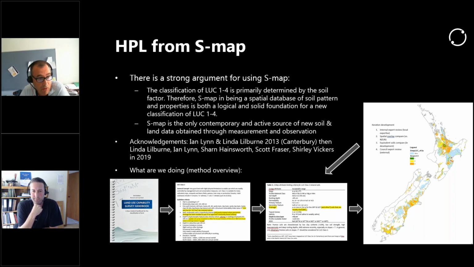It is also an actively developed data set. We've got about 20 mappers out in the field at the moment, pedologists and field soil surveyors, who are actually out there digging holes, making observations. And as far as I know, that's one of the few active field mapping programs out there. Why don't we build on that?